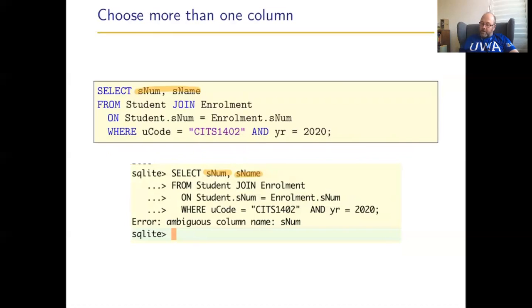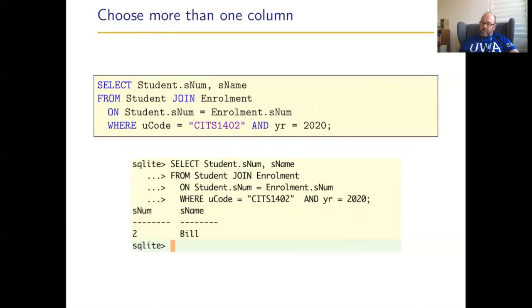If I try to do this, I will get an error, ambiguous column name snum, because there are two snums. And so in order to avoid that, I just have to give the full name of the snum column that I want. So I'm just going to say I want student.snum. Now, in this case, student.snum and enrollment.snum are the same, but SQL doesn't know that. So I actually have to tell it.